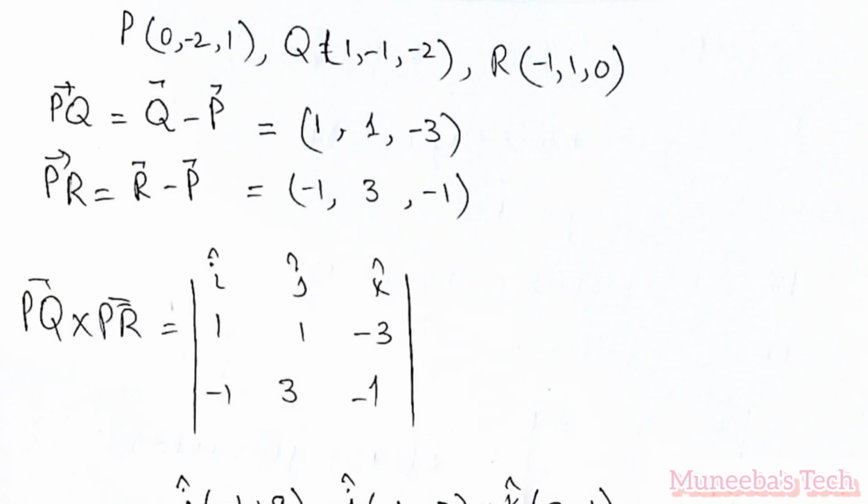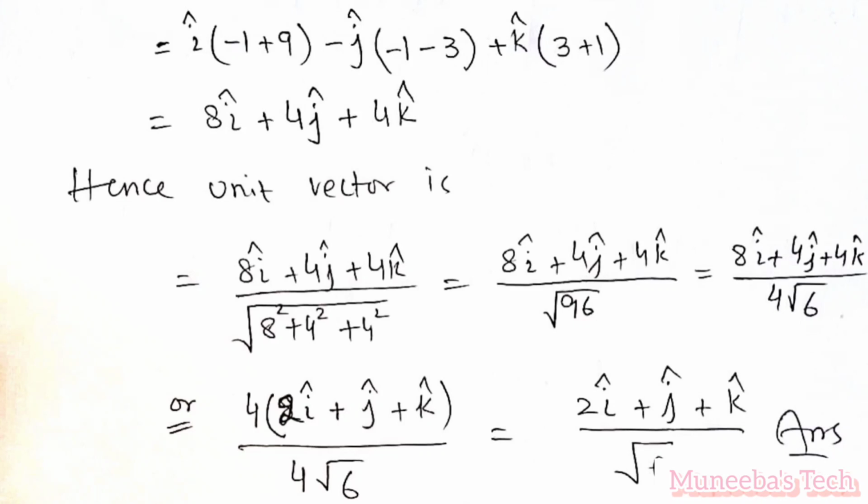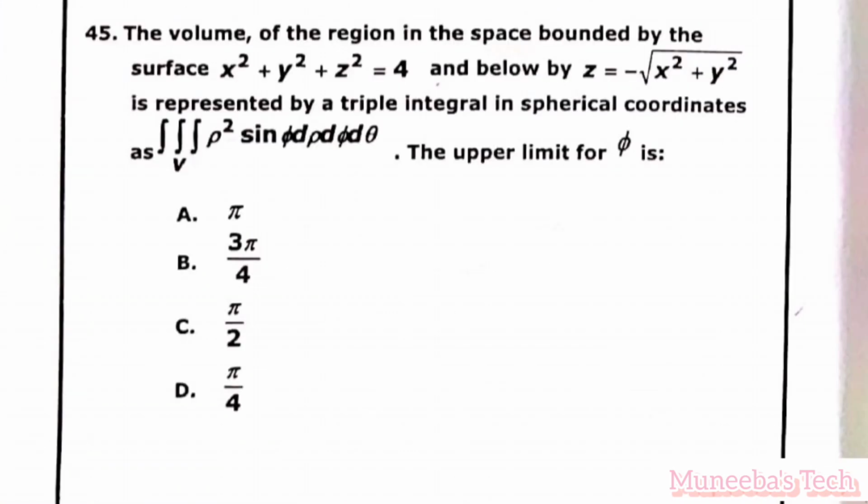To find the required vector, we have to take the cross product of both of these projection vectors, and we can solve it as we found the determinant in our mathematical calculations with i, j, k, and after putting these values we get the vector 8i plus 4j plus 4k. Now the formula for the unit vector is the vector we found over its magnitude. The vector over its magnitude, the option D was correct.